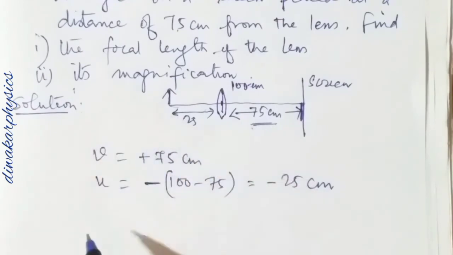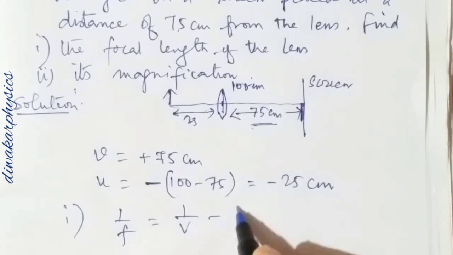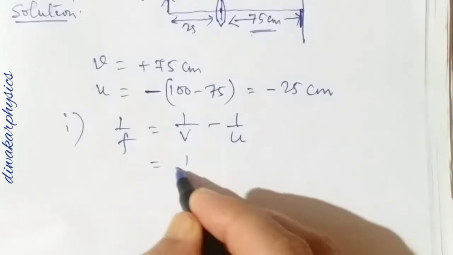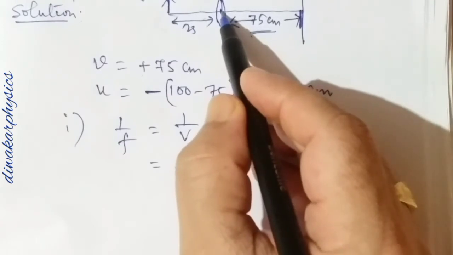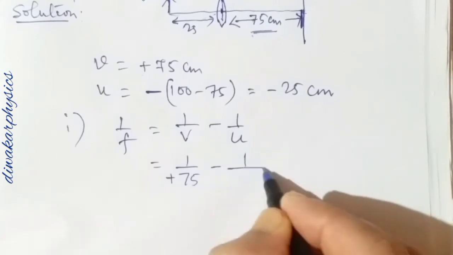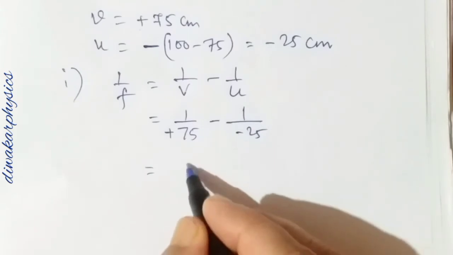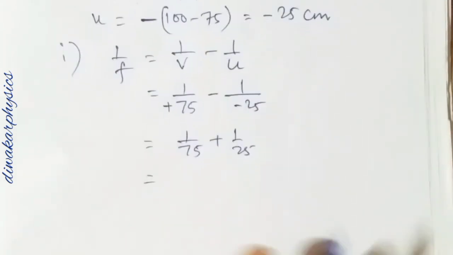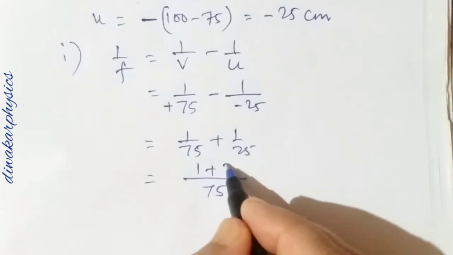Now you have to find the focal length. So first, use the lens formula, 1 by f equals 1 by v minus 1 by u, and put in the values with proper signs. Plus 75 is taken because this is the positive side of the x-axis from the optical center. Then minus of minus 25. So 1 by 75 plus 1 by 25, which is 1 plus 3 over 75.